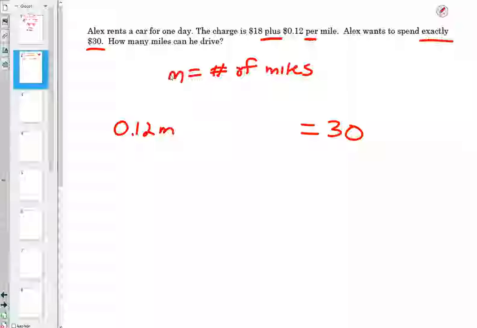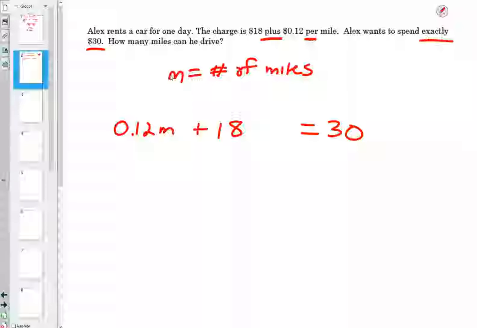But is that the only cost? What else is he spending? $18 is a flat fee, I guess, just for the privilege of being able to rent a car. Effective daily fee. Ta-da!